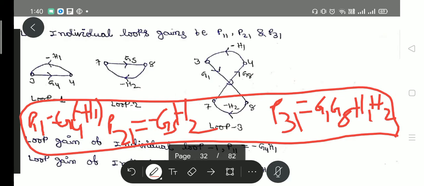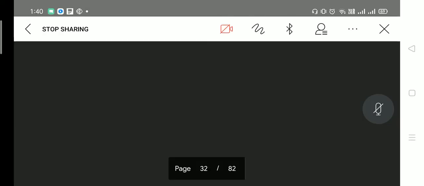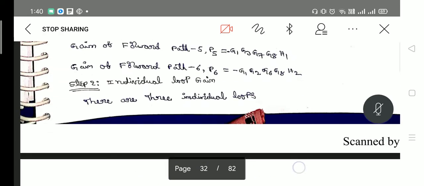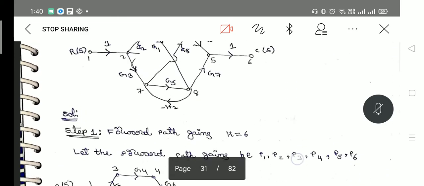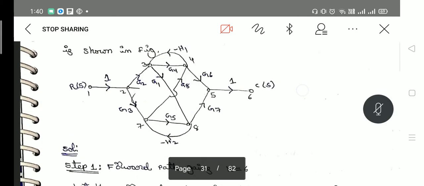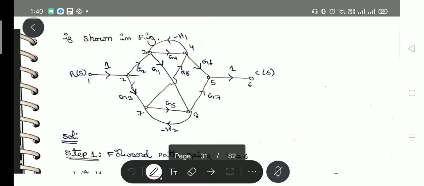Are there any 2 non-touching loops in your system? Anyone tell me?